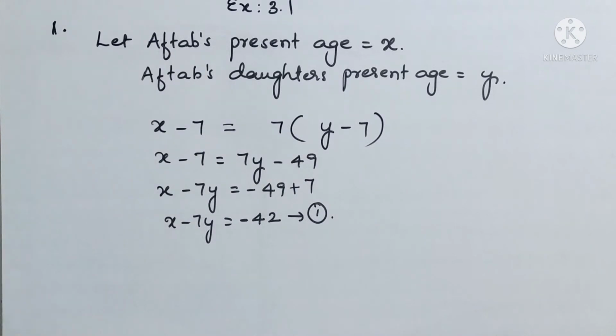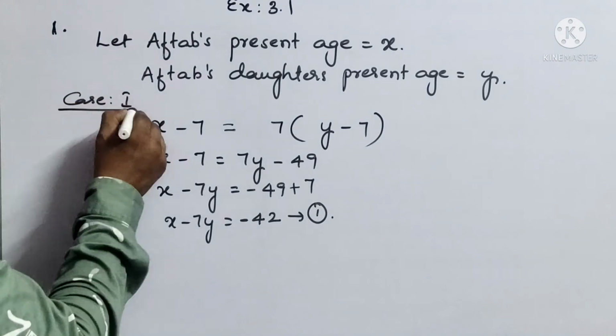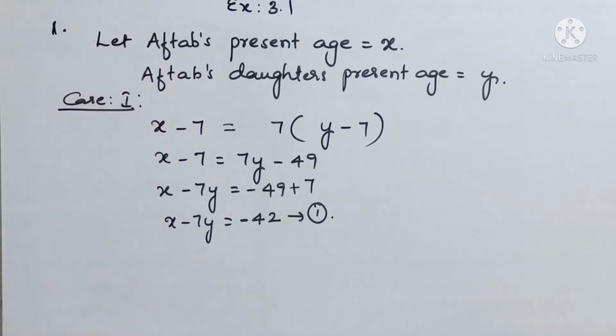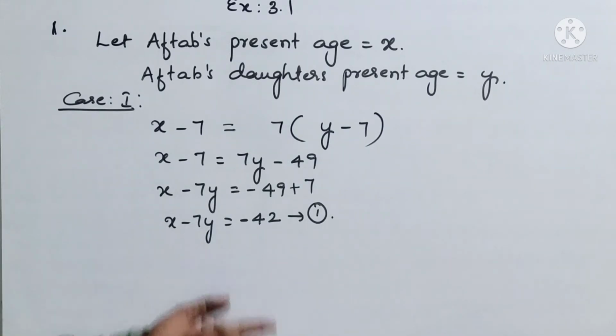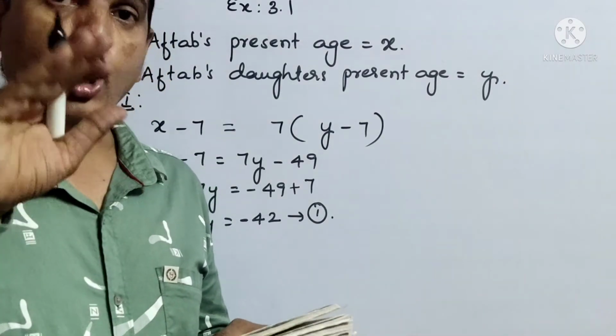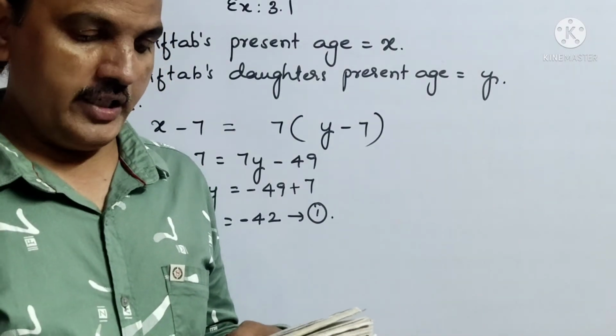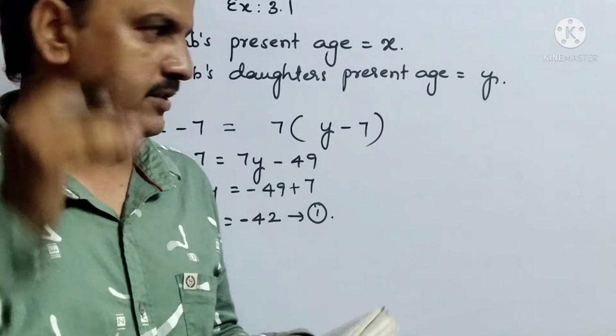This is equation 1, and it is called case 1. In case 1 you got this equation. Now in case 2, it is given 3 years from now, that is after 3 years.